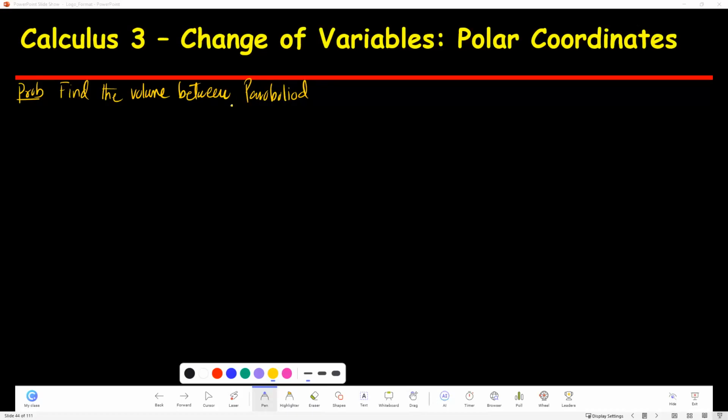Find the volume between the paraboloid z equals to 4 minus x squared minus y squared and the xy plane. We know the paraboloid, how does it look like if you remember the definition, and we also know how the paraboloid equation looks like by recalling our learning for surfaces in space.